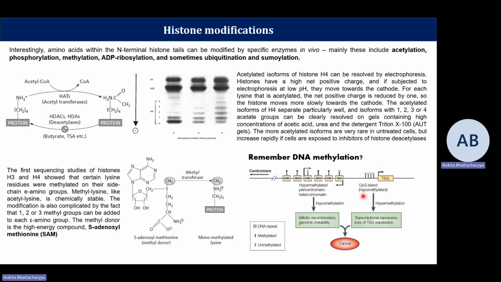Now, when this addition or removal of acetyl groups occurs at some specific genomic loci, like for example, in the expression control regions of certain genes, then that can have a very important role to play in controlling the expression of that gene. Now, keep in mind the control does not necessarily have to be immediately upstream.